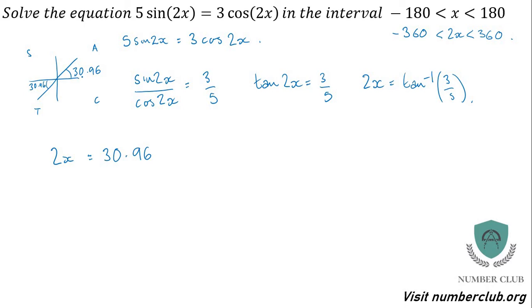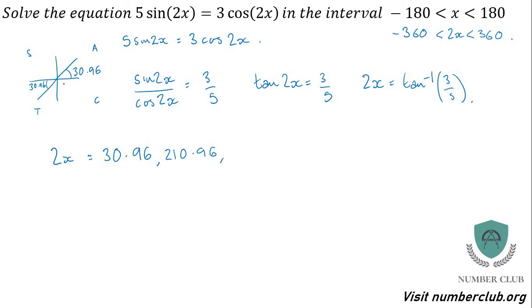So in our first rotation forward, going up to 360, we go past 30.96 and then go to 180 plus 30.96, which is 210.96. Going back to negative 360, we start at 0, negative 90, and then we've got the negative of whatever this is.